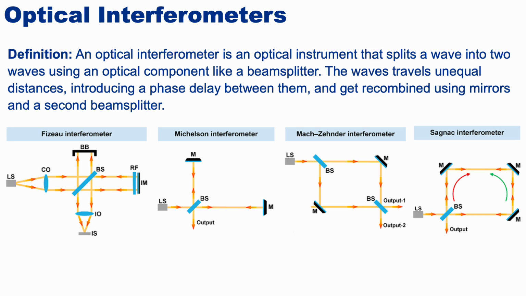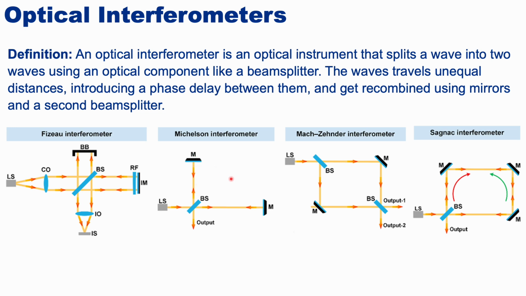The way of measuring optical interference is using an interferometer. There are different types of interferometer, but basically we have the Michelson or the Fizeau interferometer, where you have a beam splitter that divides the original source in two. Usually one is the object and the other the reference.